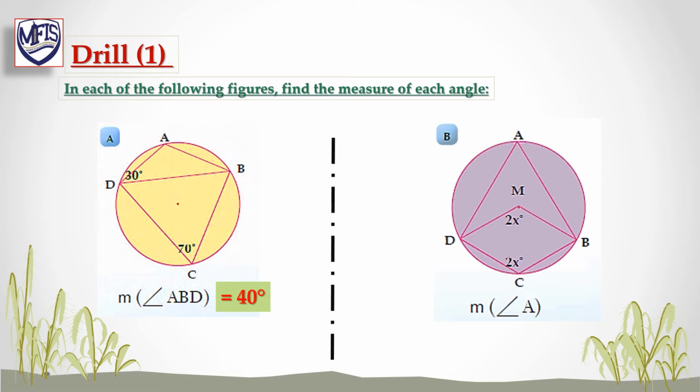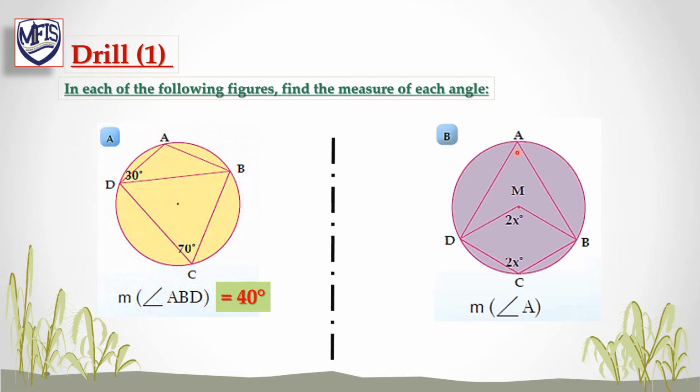Now, number B. Cyclic quad also ABCD, and I have measure angle DMB equals 2x, measure angle BCD equal to x also. And he asked me to find the measure of angle A. I want to find the measure of angle A, this angle.